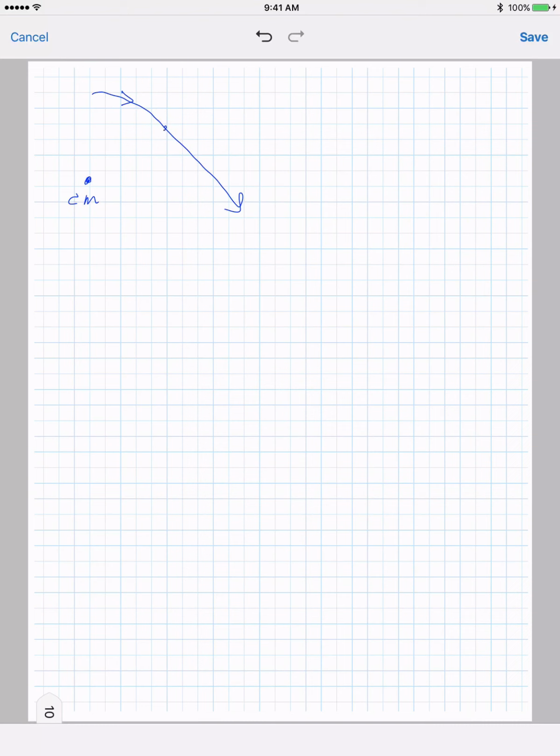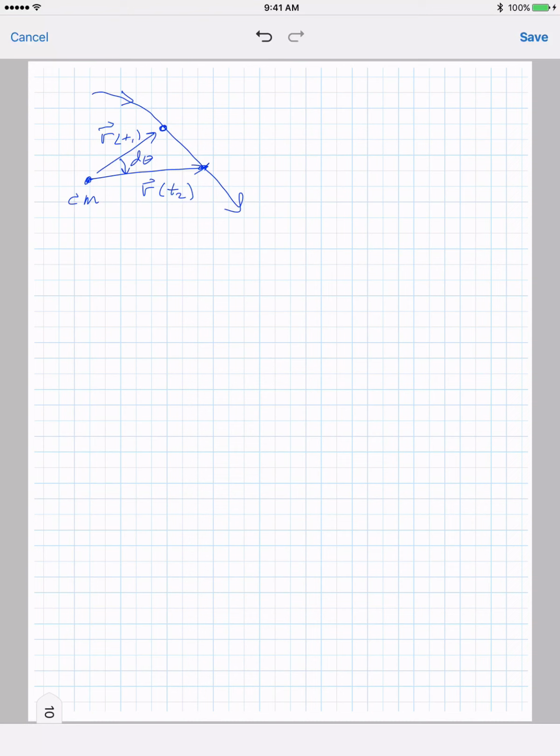Here is a position r₁, which is just r at time 1. And then at some later time, I've got r at time t₂. And that has swept out an angle dθ.